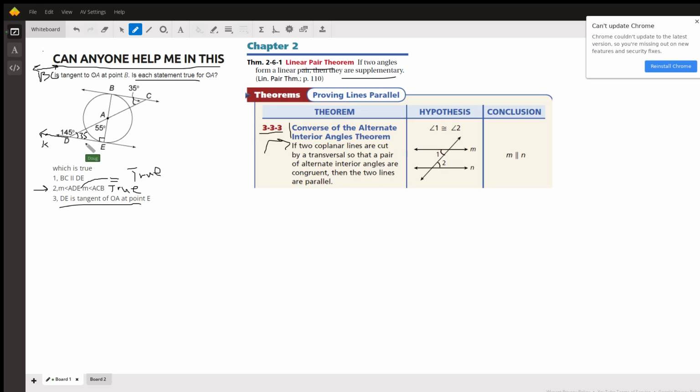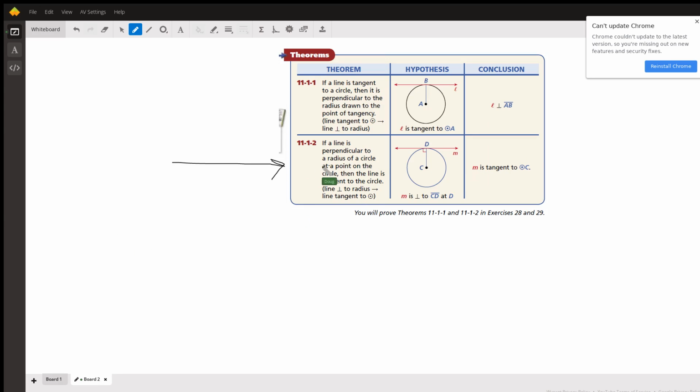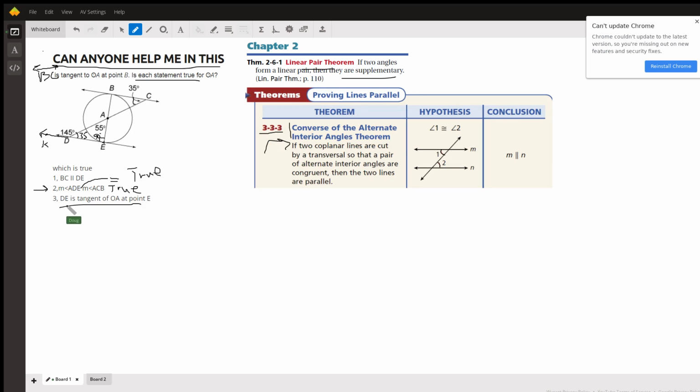This line DE is intersecting the radius on the circle, and 55 plus 35 is 90, so this has to be a 90-degree angle. And by that theorem right here, line DE must be tangent to the circle at point E. So all true.